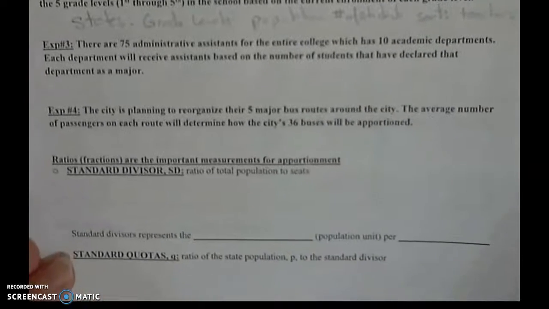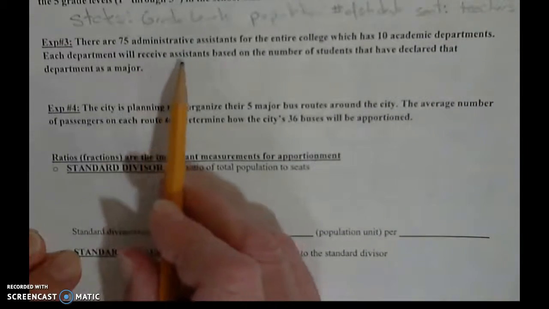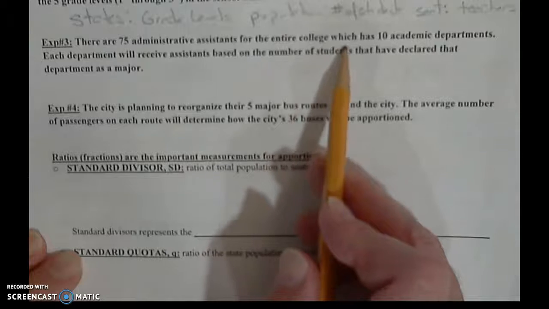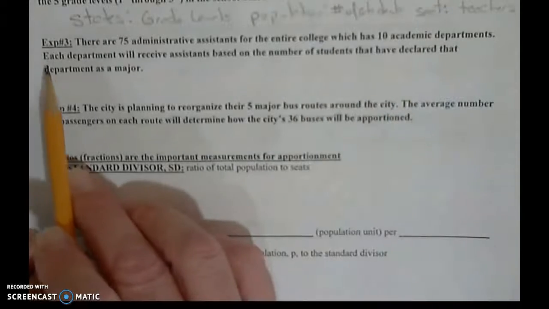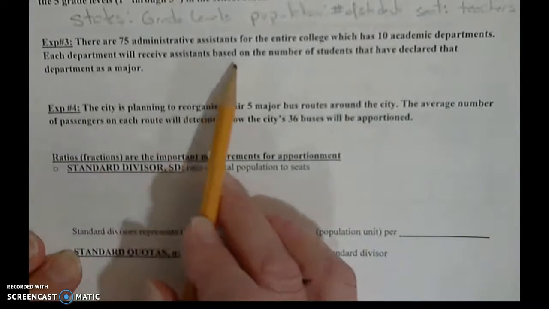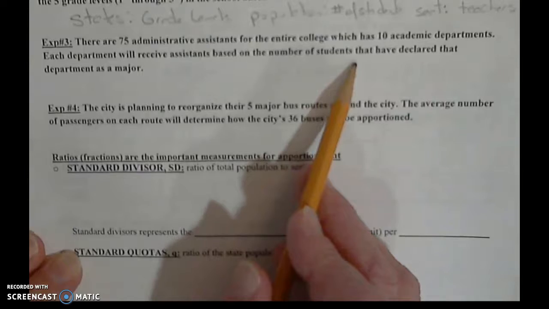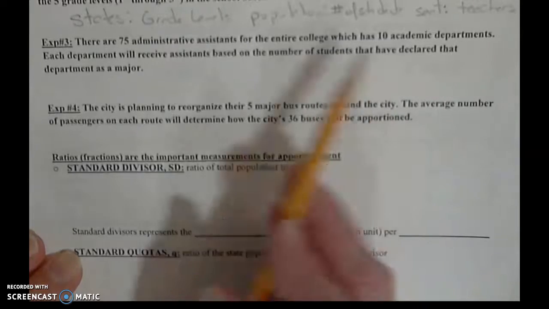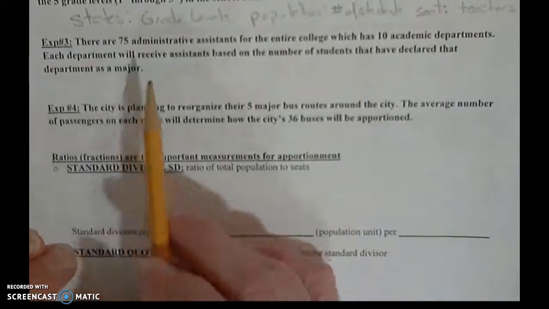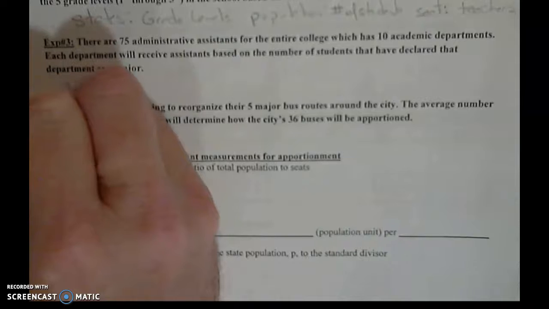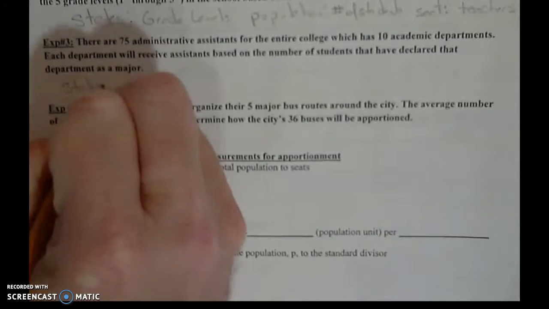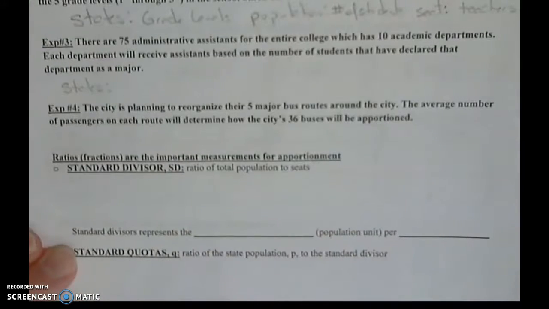All right. Let's look at example 3. There are 75 administrative assistants for the entire college, which has 10 academic departments. Each department will receive assistants based on the number of students that have declared the department as a major. So what are my states in this case? Who are the players involved?